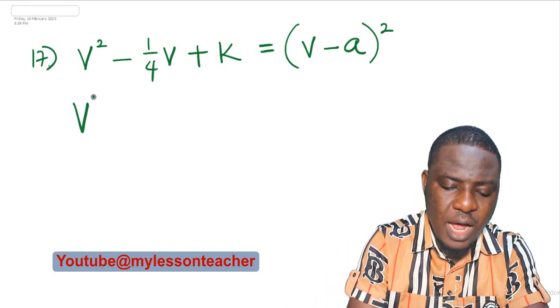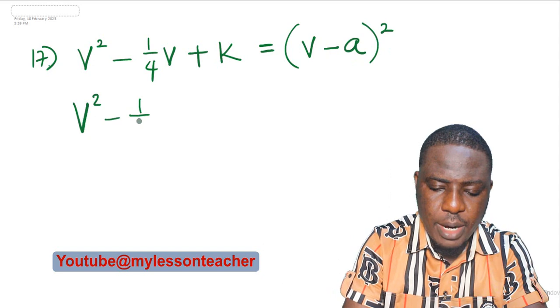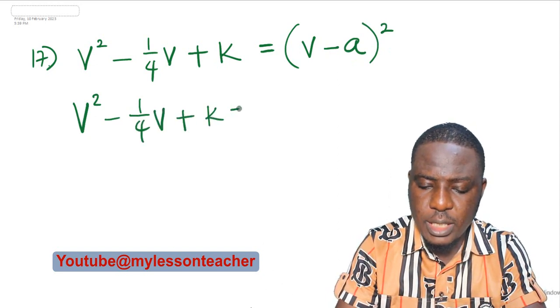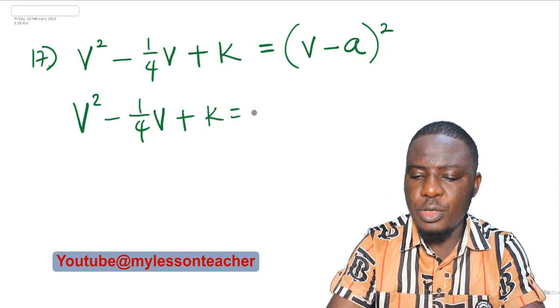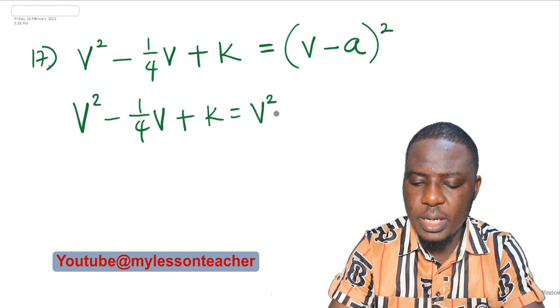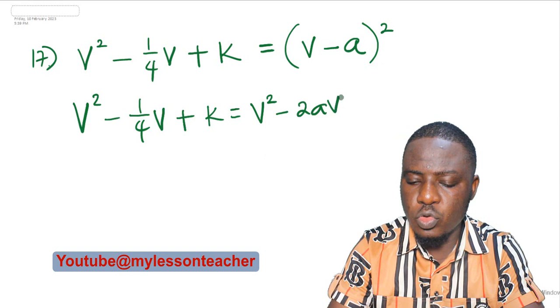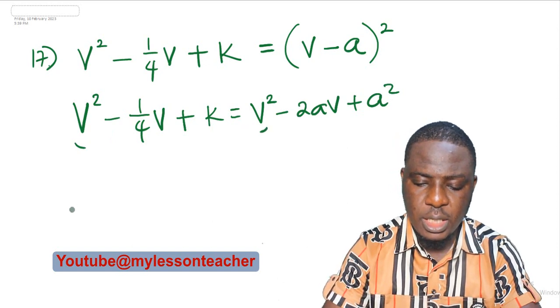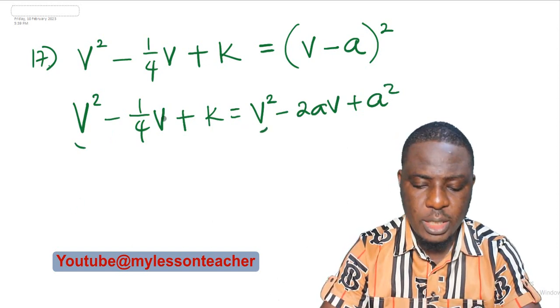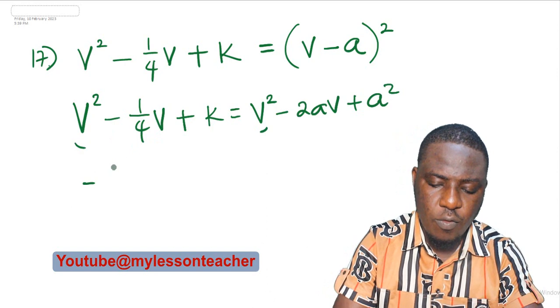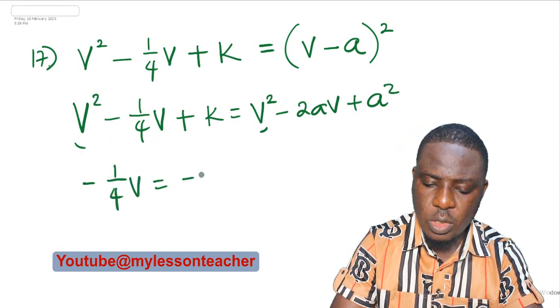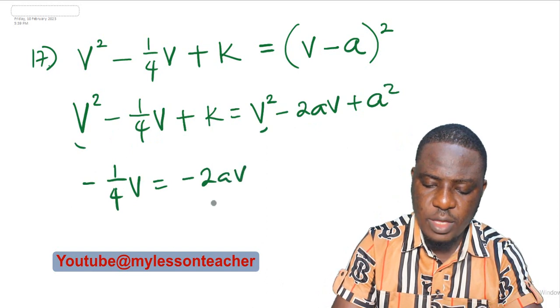So simplifying this, we have v squared minus 1 over 4v plus k to be equal to, when you simplify this, it gives you v squared minus 2av plus a squared. And when you compare the coefficients, v squared is equal to v squared, minus 1 over 4v is equal to the second term, which is minus 2av.